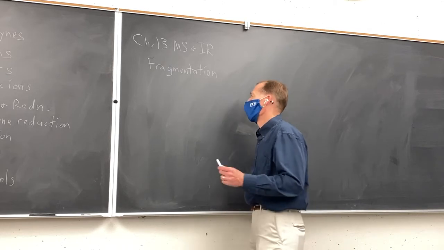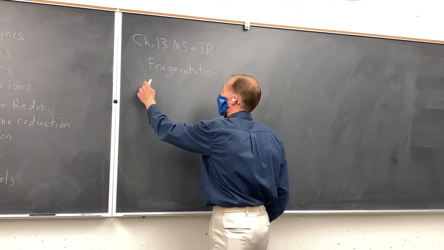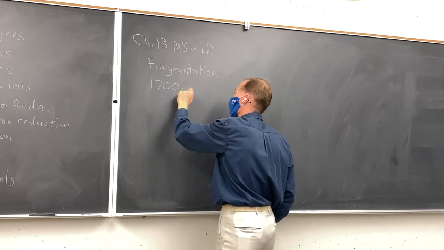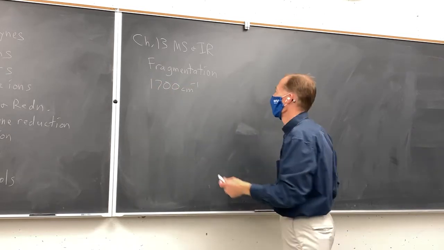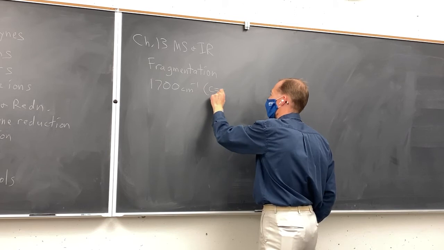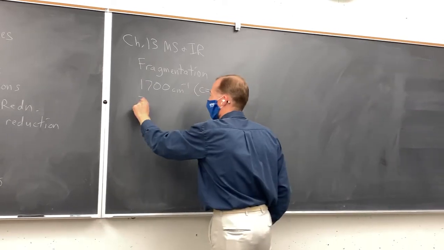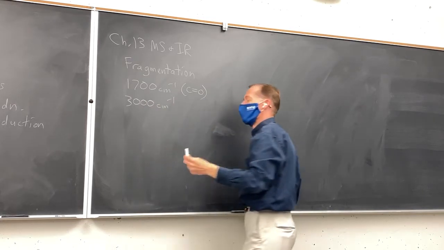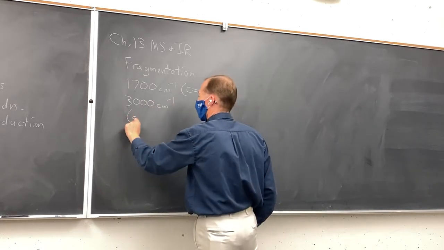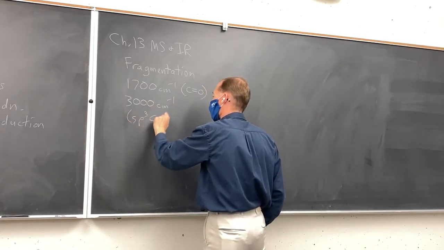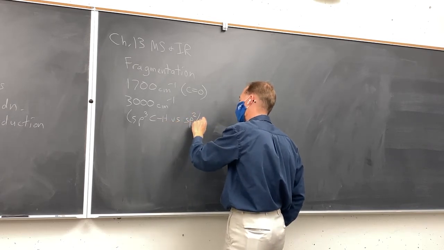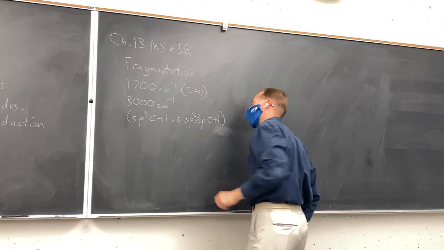But then for IR spectroscopy, the key things to memorize are 1700 being your CO stretch, and then 3000 being the dividing line between sp3 carbon-hydrogen stretching versus sp2 or sp carbon-hydrogen stretching.